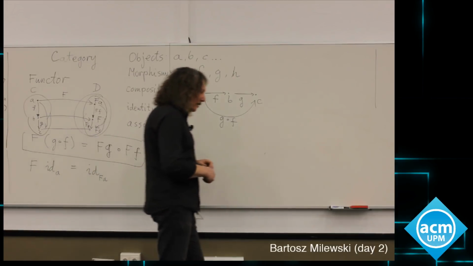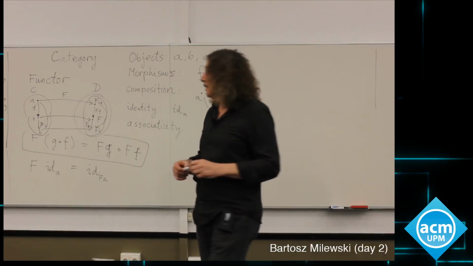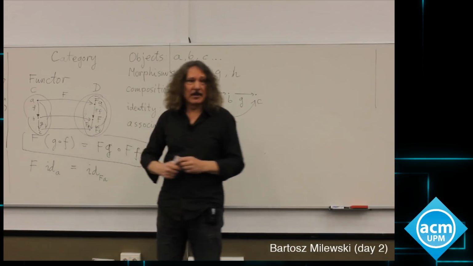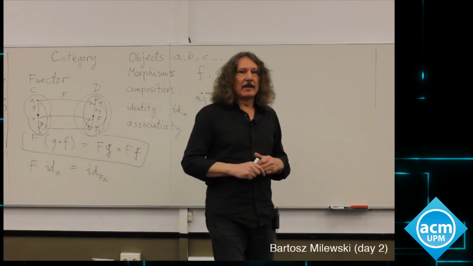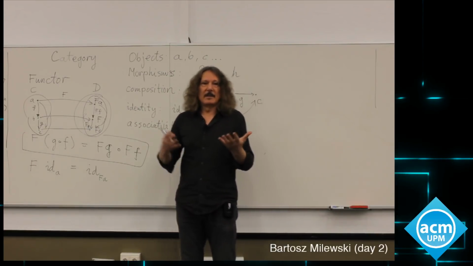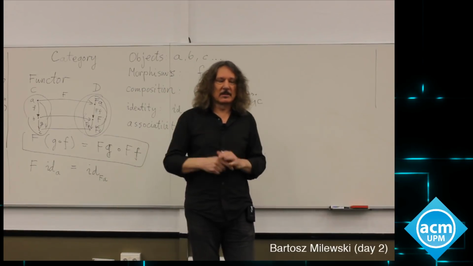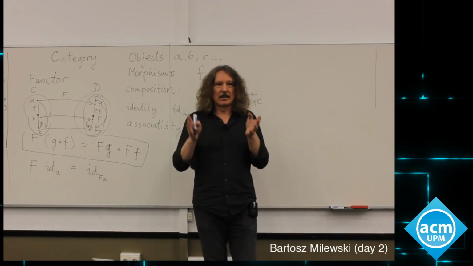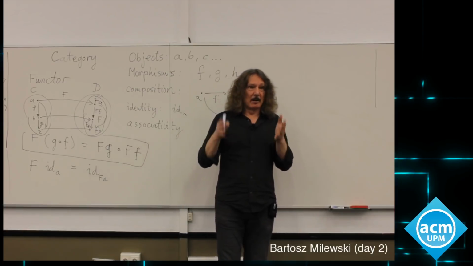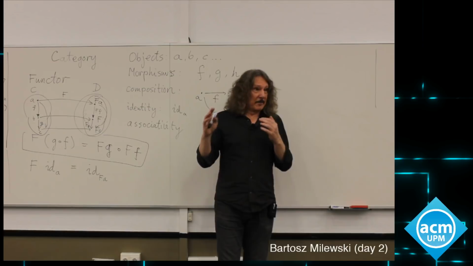So what we call functors in programming comes from category theory, but it's a little bit simplified, because let's just concentrate on Haskell. In Haskell, we just deal with this one category of types and functions.